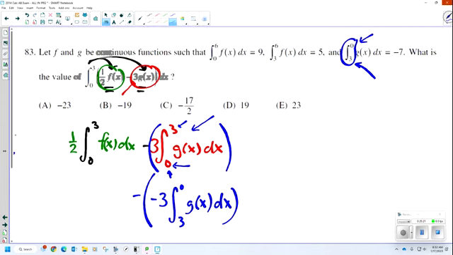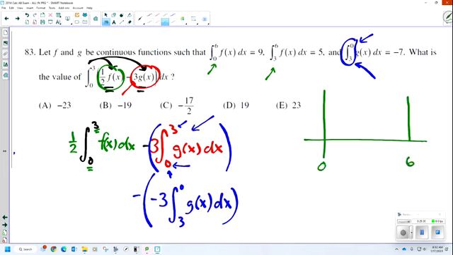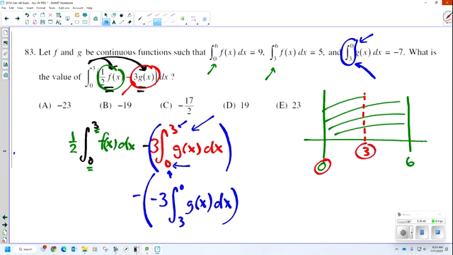Now, f of x, what may or may not be obvious. I want this from 0 to 3, my bounds. I don't have that. I have 0 to 6 and 6 to 3. So if I have from 0 to 6, this whole area under the curve, because that's what integration is, but I really only want 0 to 3, I can take from 0 to 6 and literally subtract this away.